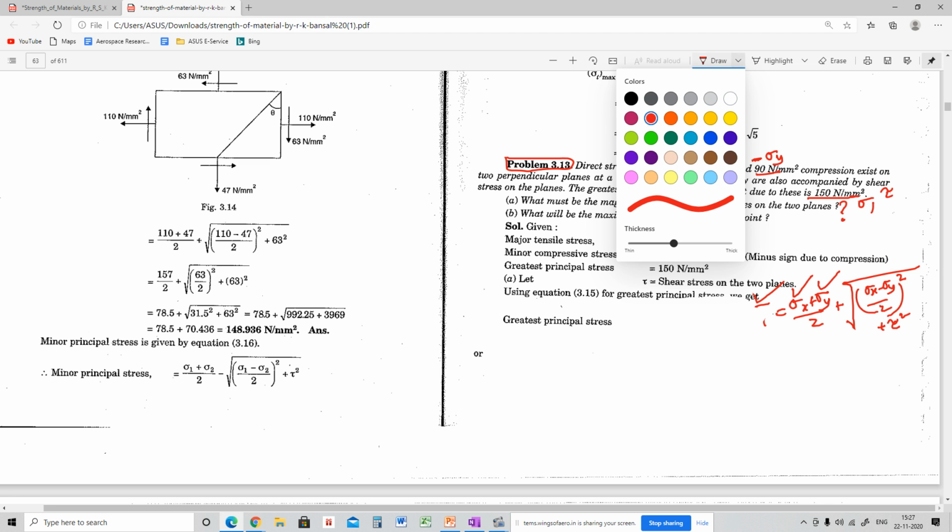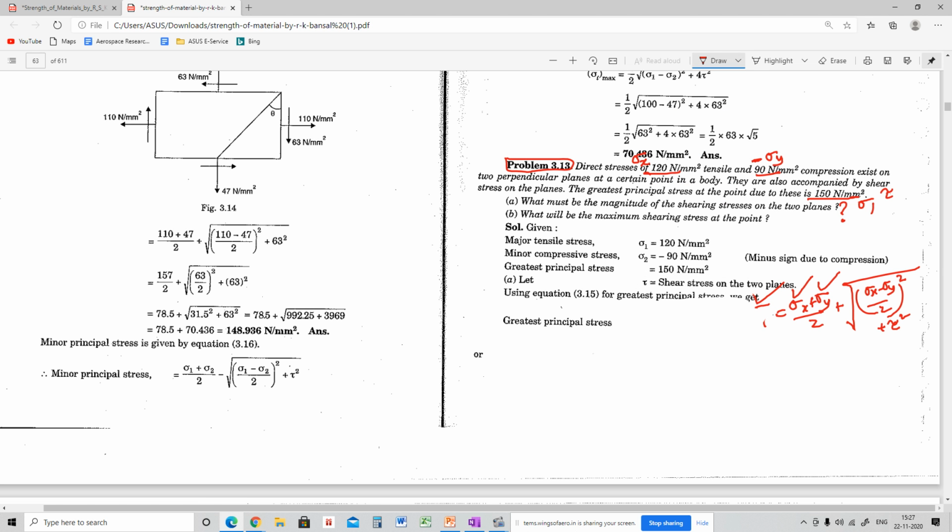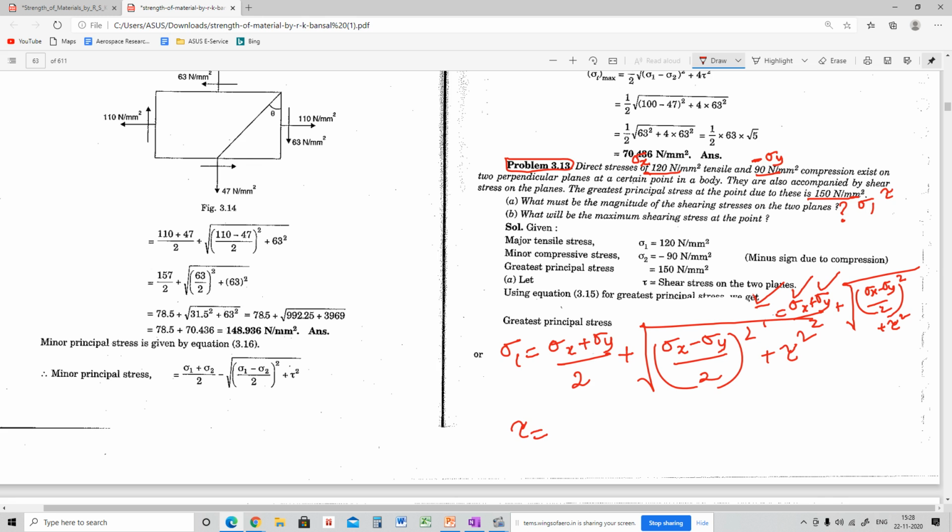Just look into the formula which I have given. What is the formula? Sigma 1 equals sigma x plus sigma y by 2 plus root over sigma x minus sigma y by 2 whole square plus tau square. From here you need to find the tau.